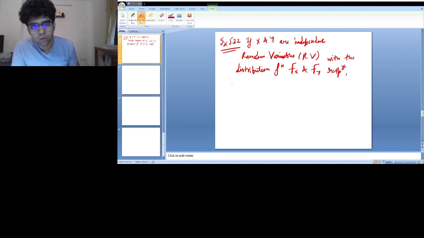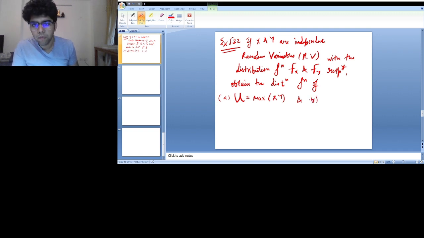obtain the distribution functions of (a) U is equal to max of X comma Y and (b) V is equal to min of X comma Y. So we need to find the CDF, or the distribution function.